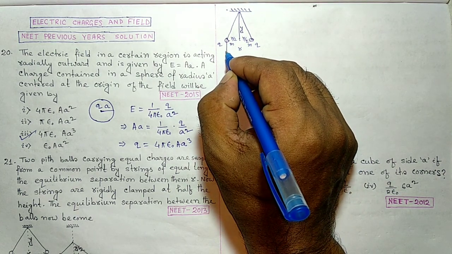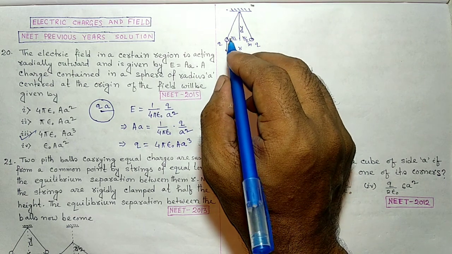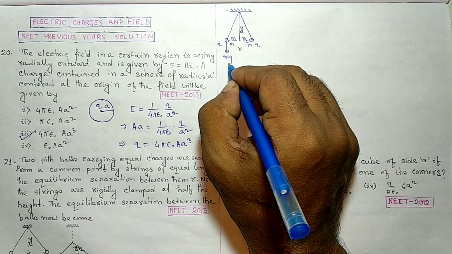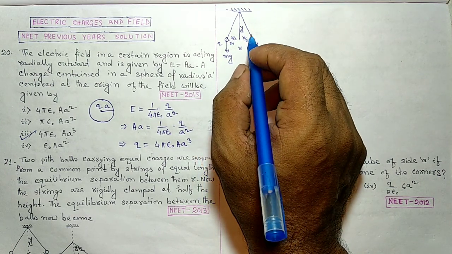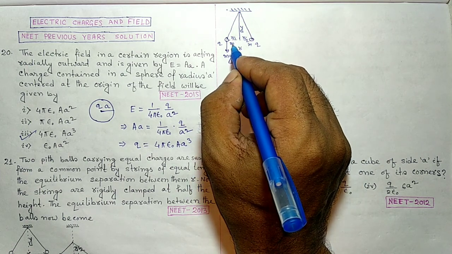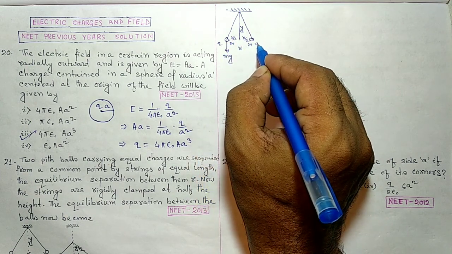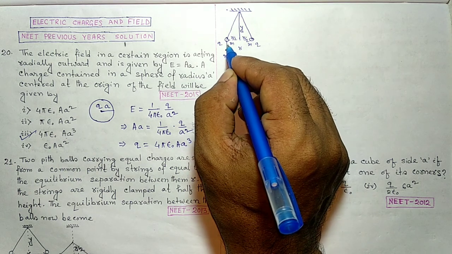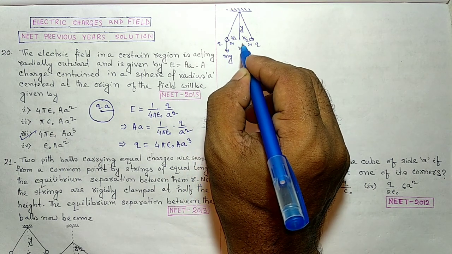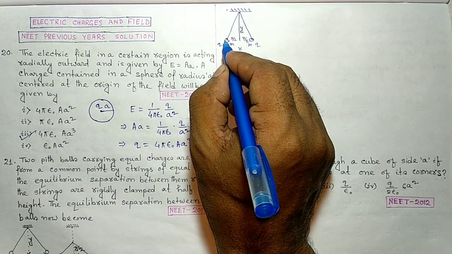Now here gravitational force mg acts downward. As it is charge Q, charge Q, same charge, so among them a repulsion force will be created.